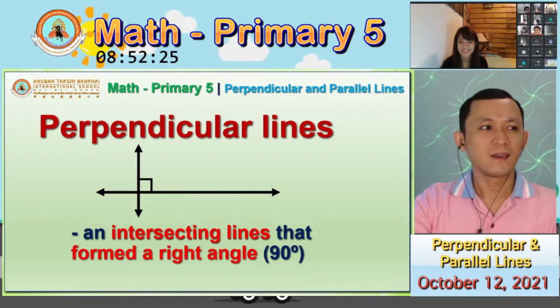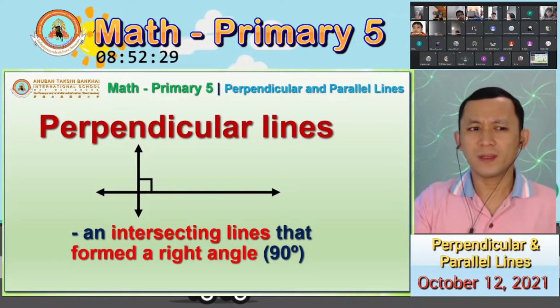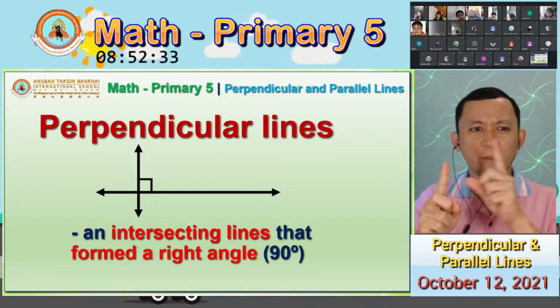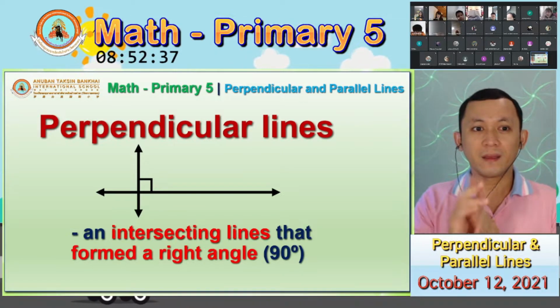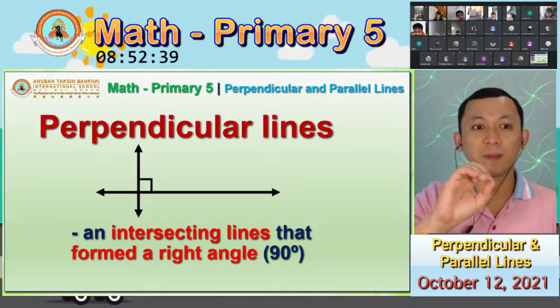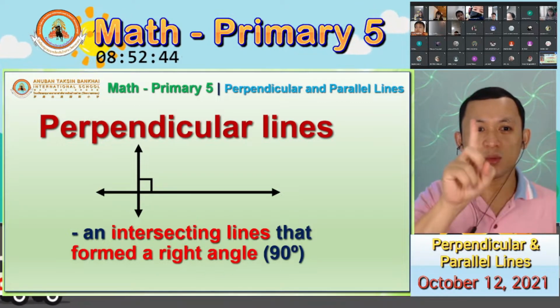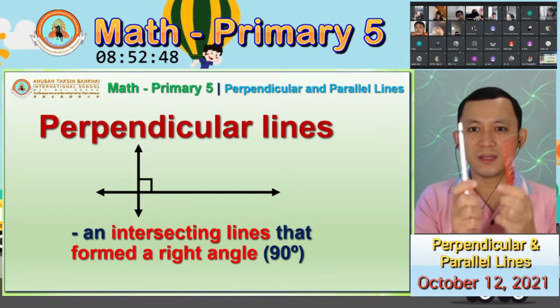So again, do not be confused. Teacher, what is the difference between right angle and perpendicular lines? They are the same, but when we say right angle, it is an angle. When we say perpendicular lines, we have two lines. Two lines?